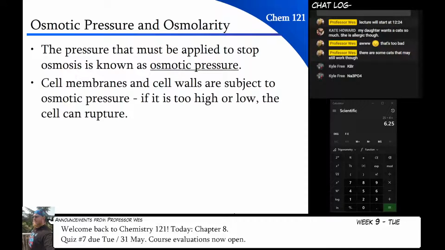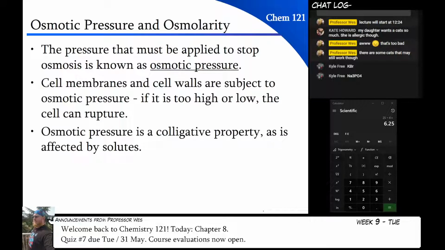If you have a cell membrane and it's subject to a lot of pressure, then the cell can crumple inward and collapse. Likewise, if the cell pressure from the outside is too low, then on the inside it will push outward and the cell can explode or rupture. Neither of those are very good. And we're going to talk about how these occur.